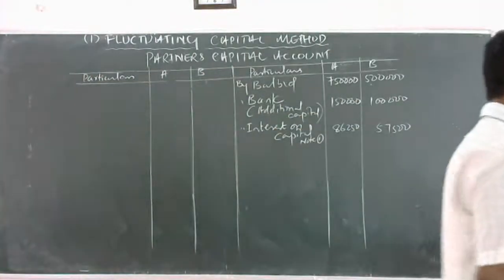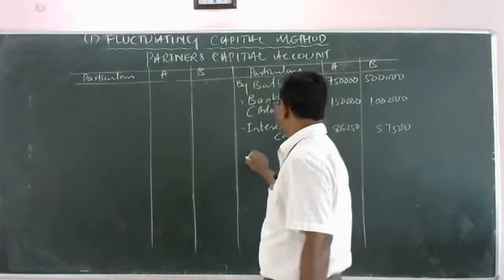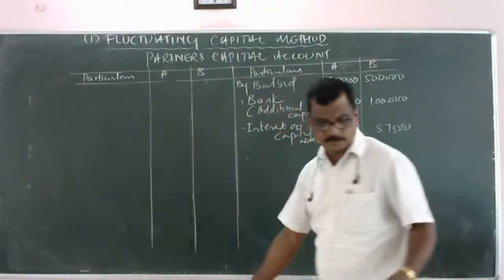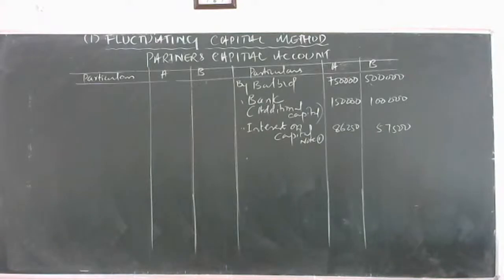Similarly, the partners are entitled to get salary of rupees. So A is entitled to a salary of rupees. Drawings of the partners. Drawing for the partner is 15,000 and 10,000.